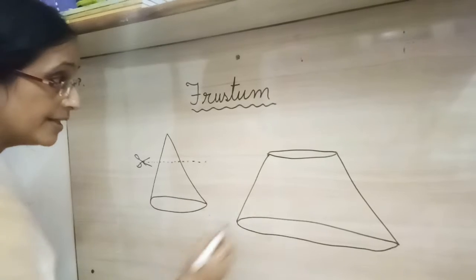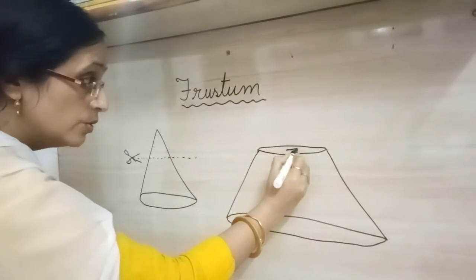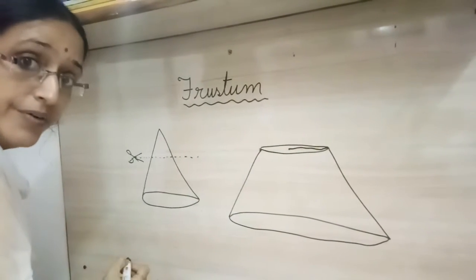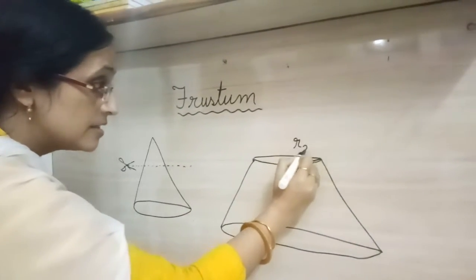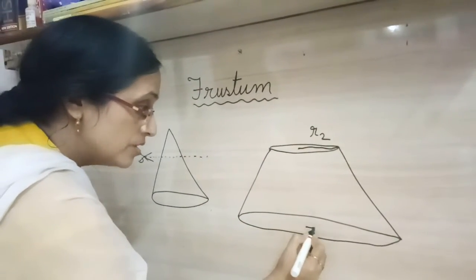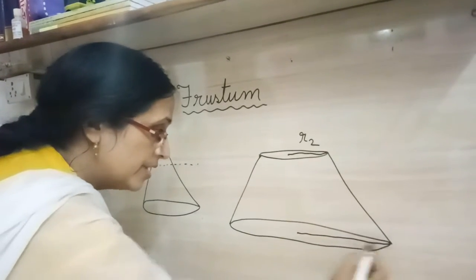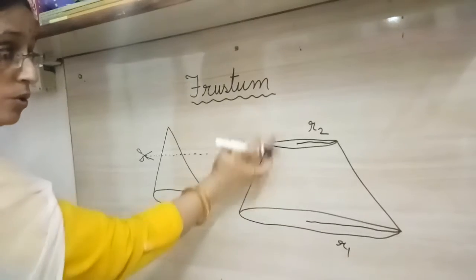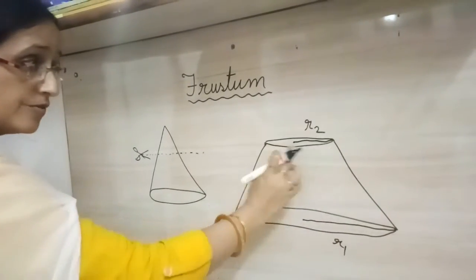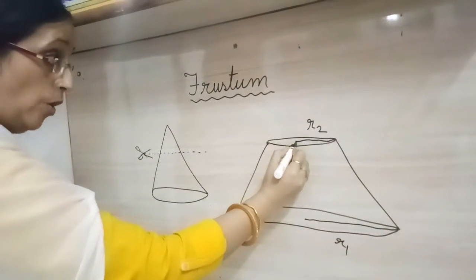So what all things are there from here to here? This will be my radius. Okay. So according to our convenience, we will name it as R2, and downside radius I'll name it as R1. Means frustum will have two radiuses, radius at the bottom and radius at the top.